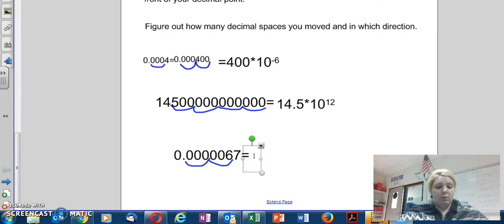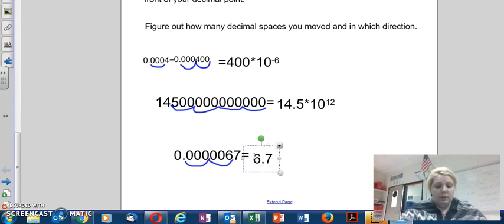I'm going to say 6.7 times 10, and since I went twice, it's a 6, and I went to the left, so it's going to be a negative 6. So times 10 to the negative 6. And there we go. They're all done.